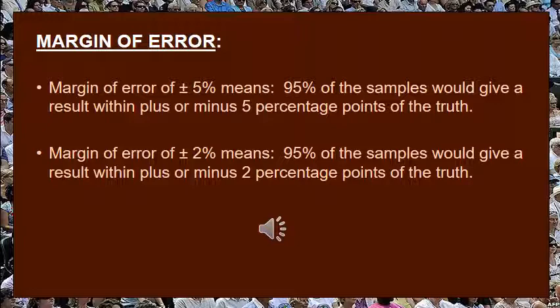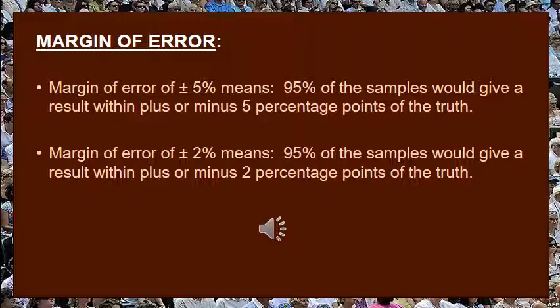There's always a margin of error when you take a random sample to do research. And we want this margin of error to be as small as possible, because a small margin of error means your statistic is probably close to the parameter. This is what we want.